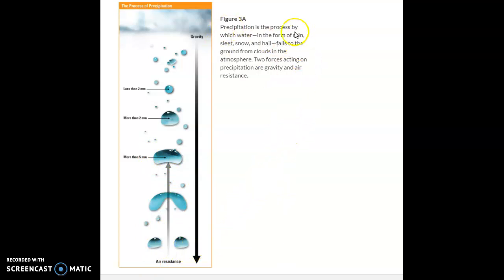And if we read what our caption says, it says figure 3A, precipitation is the process by which water in the form of rain, sleet, snow, and hail falls to the ground from clouds in the atmosphere. Two forces acting on precipitation are gravity and air resistance. And so again, we see our gravity here, and we see our air resistance here.